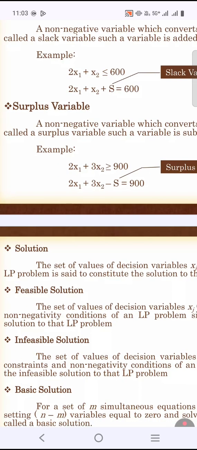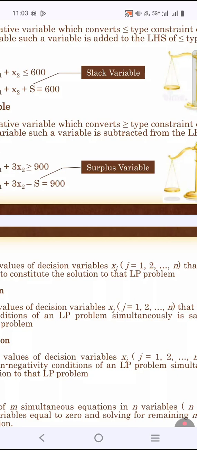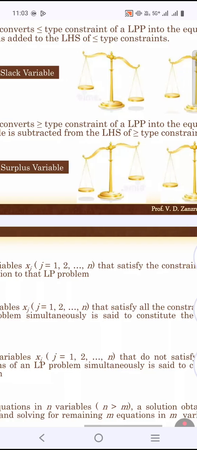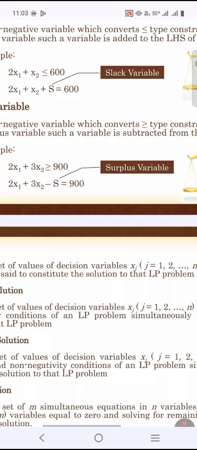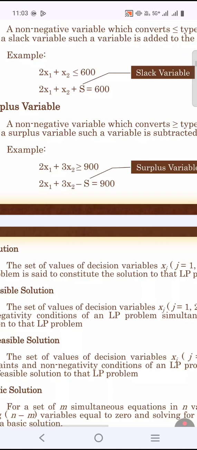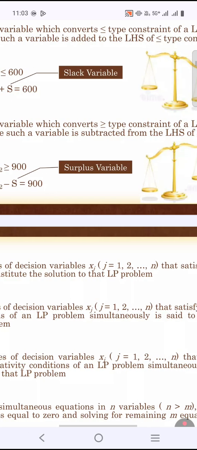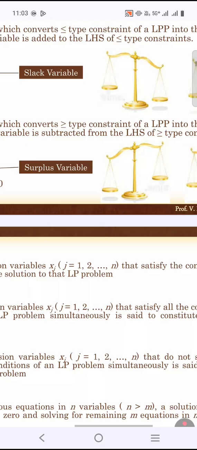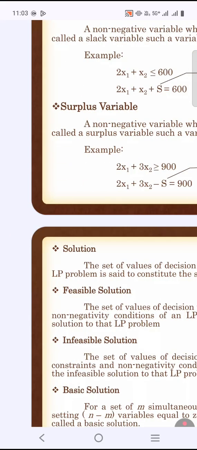Next definition, surplus variable. A surplus variable is a non-negative variable which converts a greater than type constraint of a linear programming problem into an equation, and such a variable is subtracted from the left hand side of the greater than type constraint.